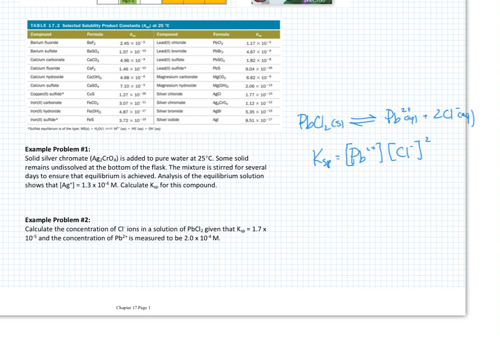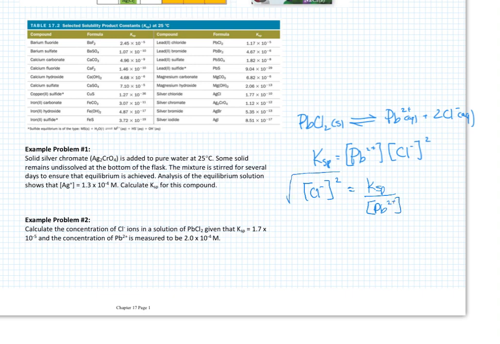And if we look back at this problem, we notice that we have the KSP, we also have the lead ion concentration, and we need the chloride ion concentration, so we're going to solve for chloride ion concentration. All right, so let's say Cl minus squared is equal to KSP divided by the lead ion concentration.